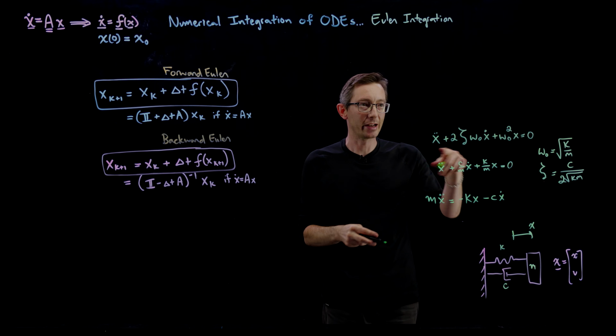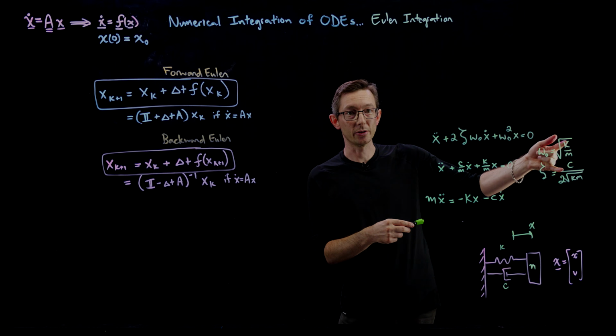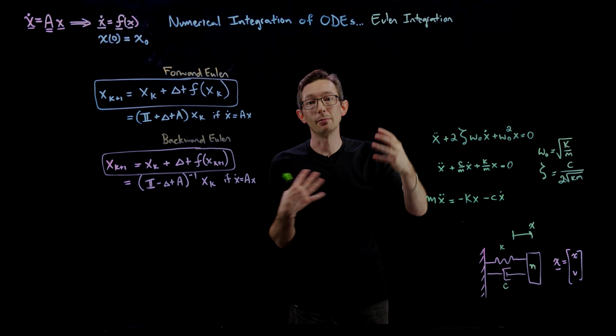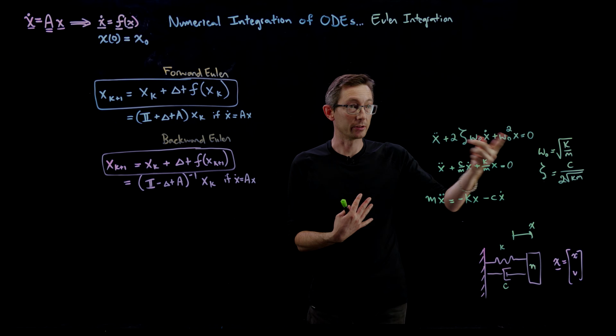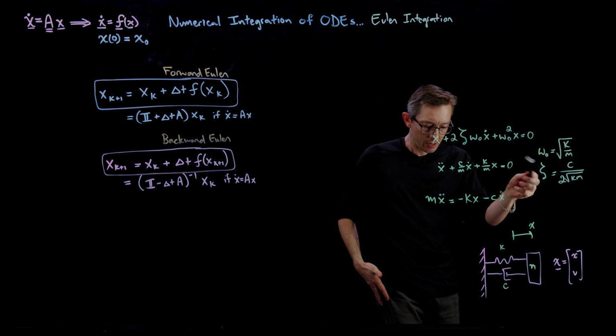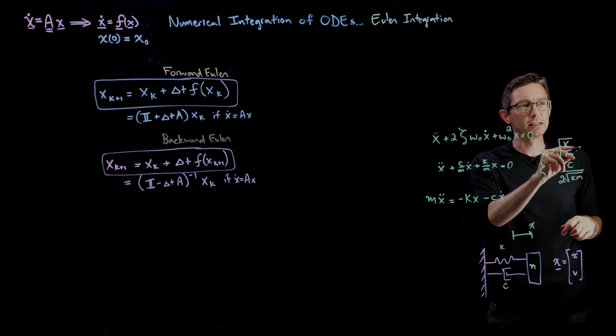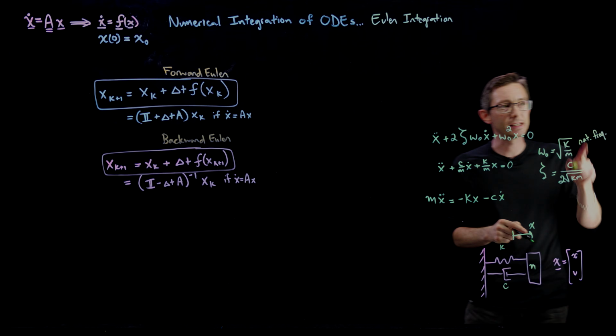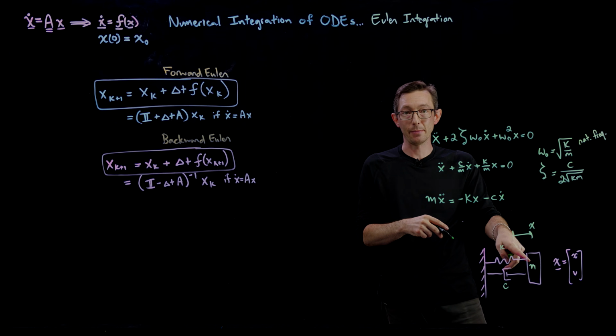Now this looks like maybe I just made things a lot more complicated by introducing these, but these zeta and omega parameters are a much more natural parameter system to understand the dynamics of this spring mass damper. Specifically, omega is the natural frequency, and that only depends on the spring constant and the mass.